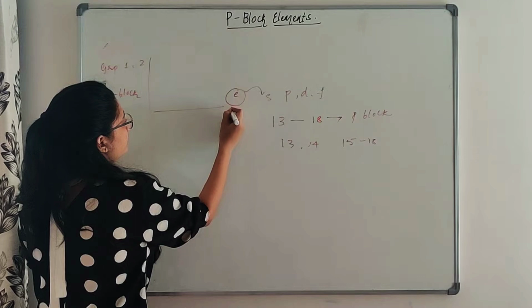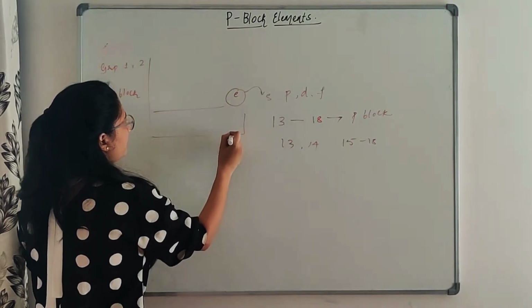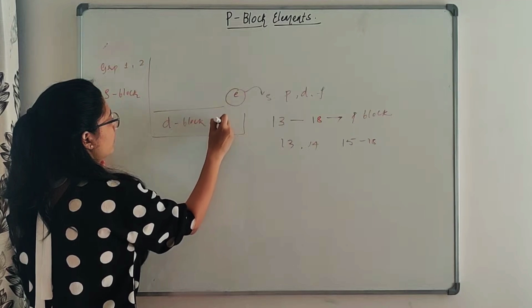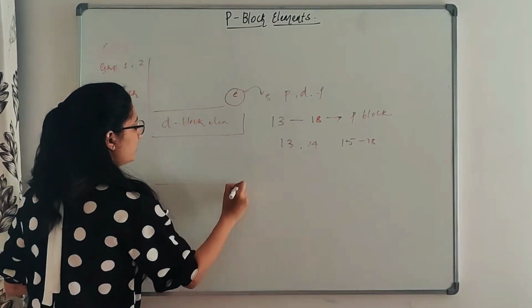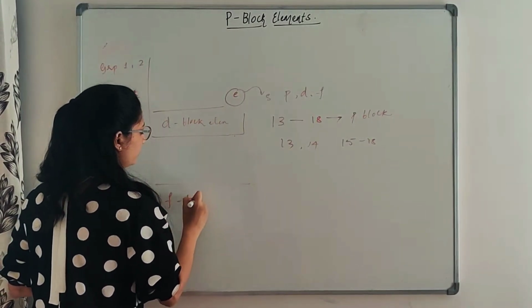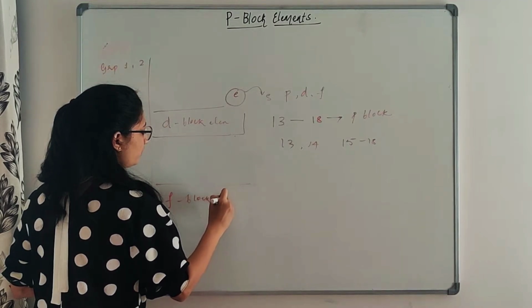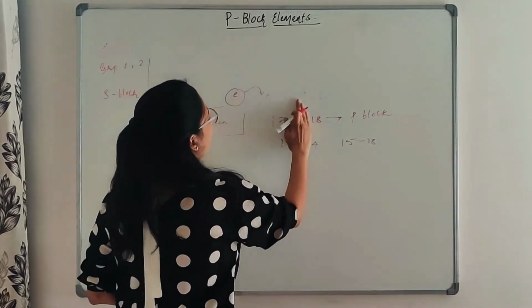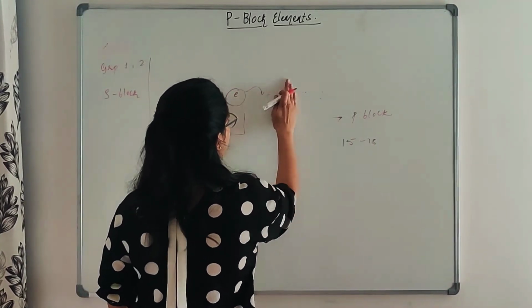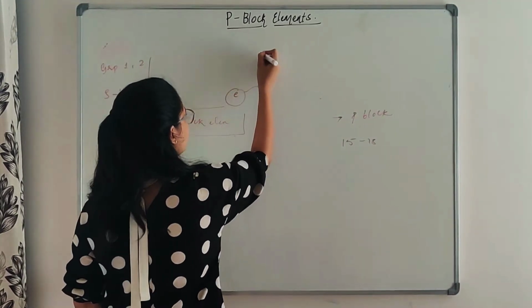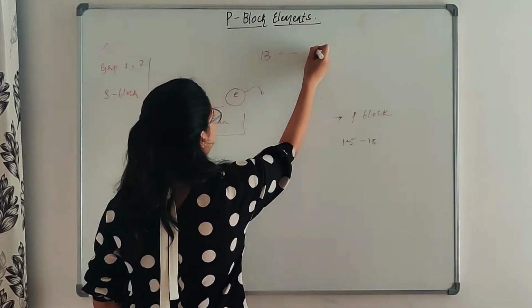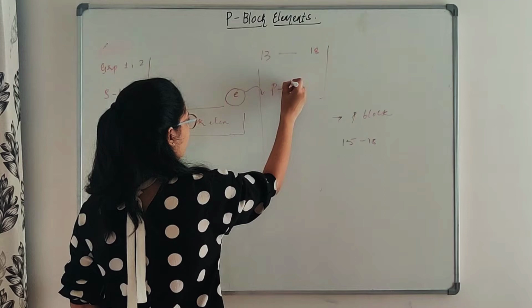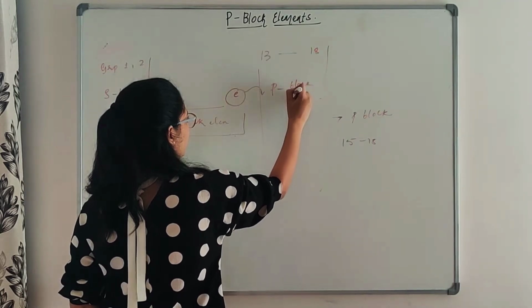Here at the center we have placed the D block elements, and here we have placed the F block elements. Then at the right side of the periodic table, from 13 to 18, we have placed the P block elements.